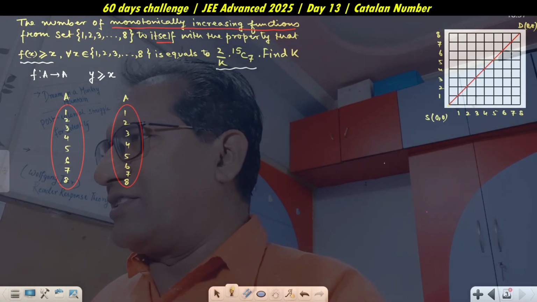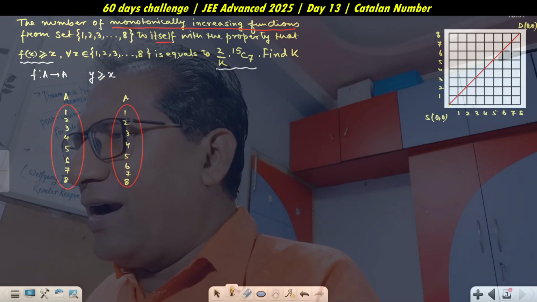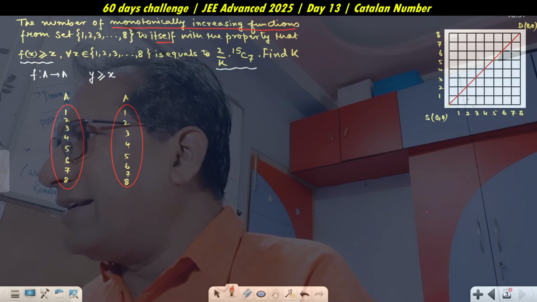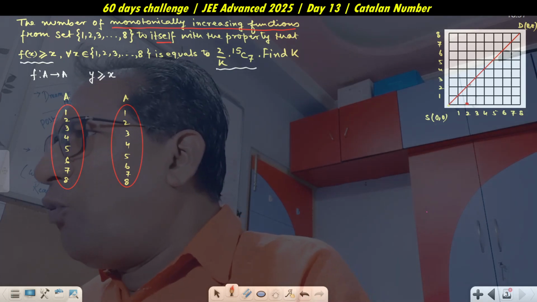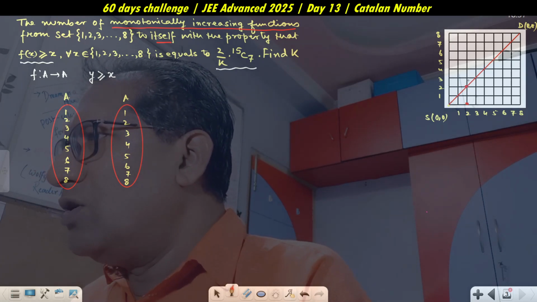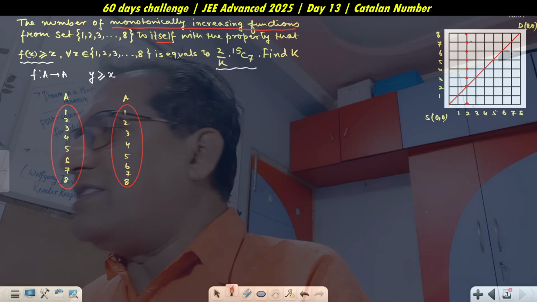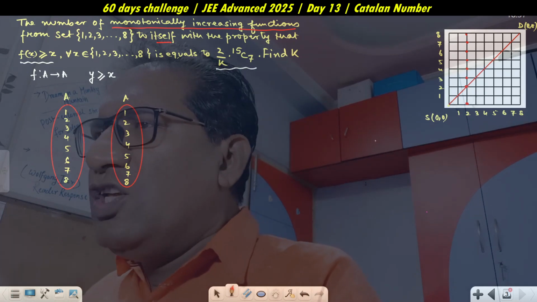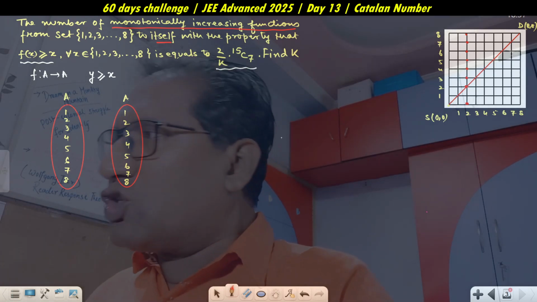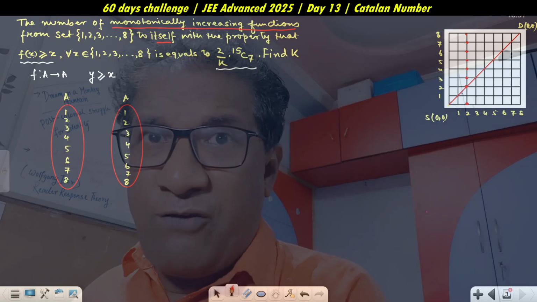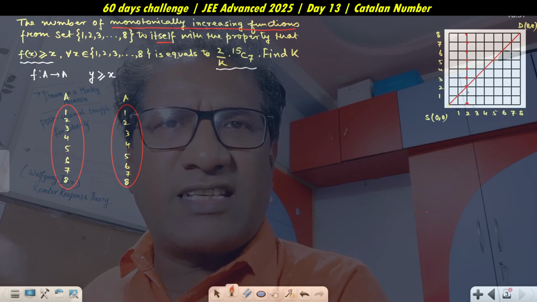Try to understand this. Let me take one point. For an example, let us say 2. When x is 2, your y can be either 2 or 3 or 4 or 5 or 6 or 7 or 8, because your y is always greater than or equals to x. So the value of y, that is your f of 2, can be either 2, 3, 4, 5, 6, 7 or 8.